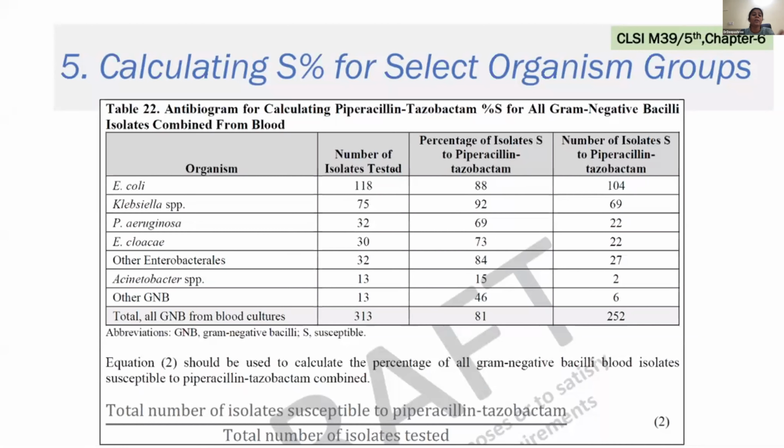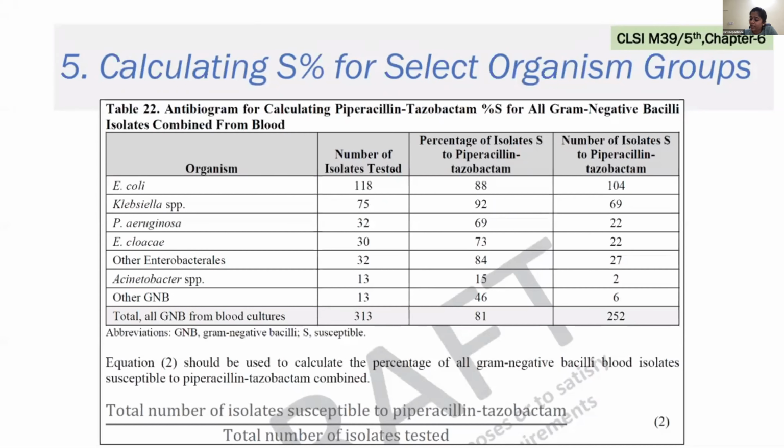We are just telling, if it is GNB, what percentage of gram negative organisms are susceptible to piperacillin tazobactam. At the very initial stage, you can start guiding the clinicians in choosing empirical antimicrobial therapy. So how do we go about calculating the susceptibility percentage of piperacillin tazobactam to GNB? Very clearly explained here.